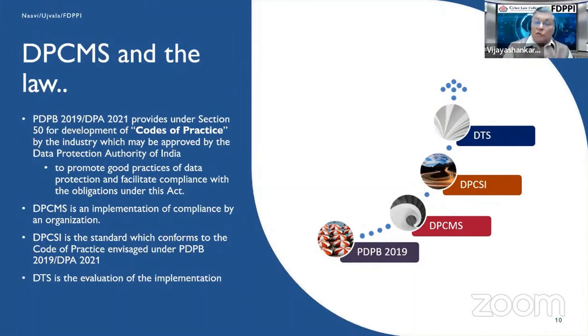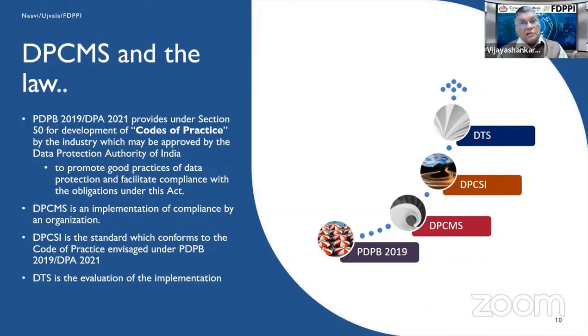And within this, we are trying to develop sectoral versions of DPCMS, because we know that data protection compliance for organization A is not the same for organization B or organization C, particularly if the law is made for the largest of the organizations.